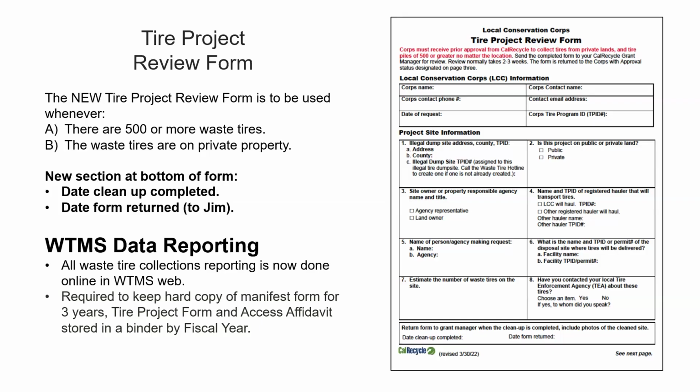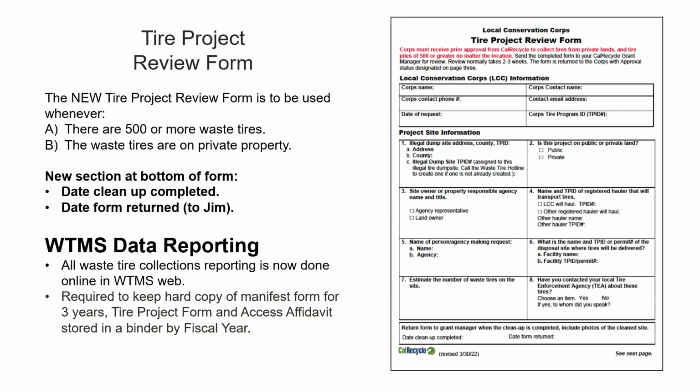Part of the purpose is if this is a reoccurring situation, they can know that, hey, we cleaned it up this time, and it's back. So they need to know that in order to address it. Just make sure the form is filled out completely.